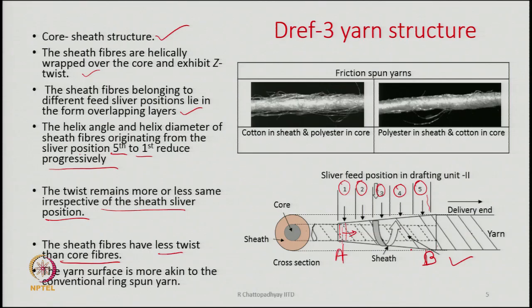Now, this pneumatic force may not be sufficient to avoid slippage between the drum surface and the band of fibers which are there. There is every possibility of a lot of slippage, and the yarn, as it rotates on the drum surface, keeps on jumping also.